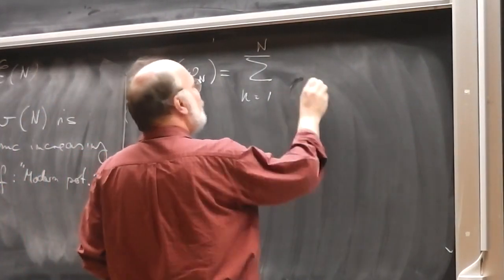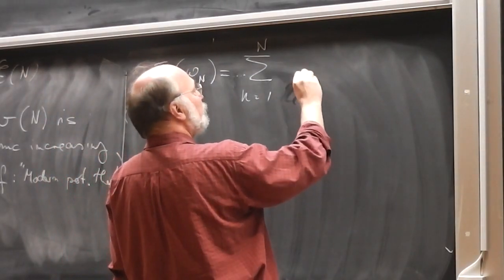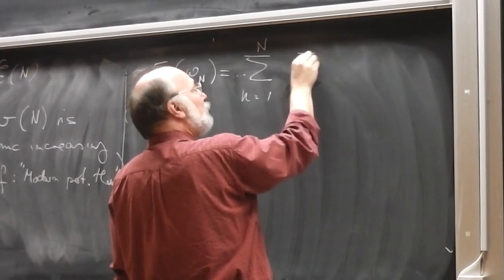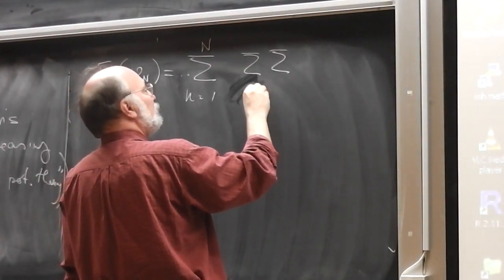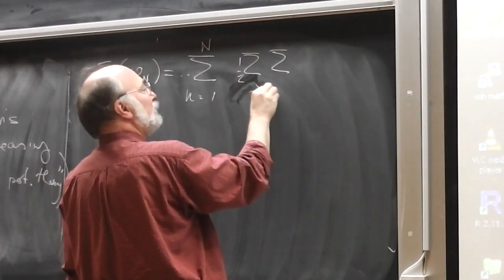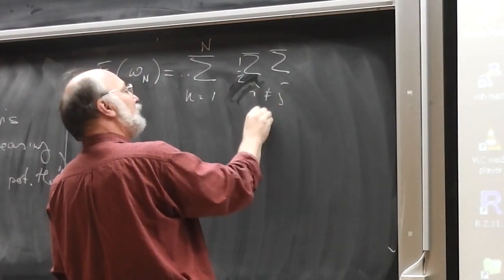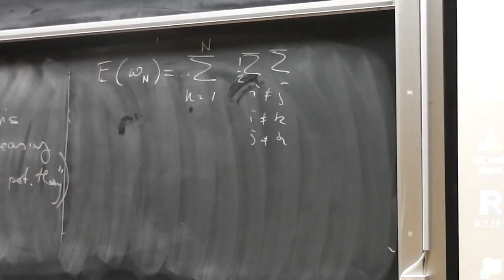And then in here we have to put some correction factor, and in here we have to sum again over all i less than j, or i unequal to j, but also i unequal to k, and j unequal to k. So it means I'm taking 1 point out. I have an n minus 1 point configuration. Okay, and look at the energy of that one in this sense. And then I sum over all of them.